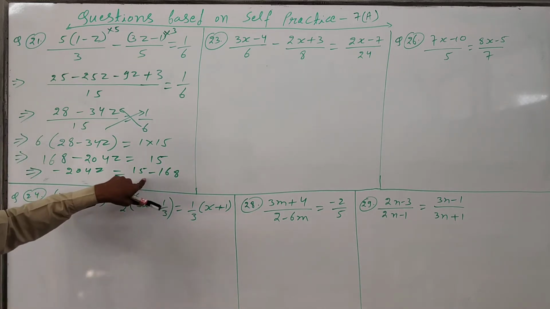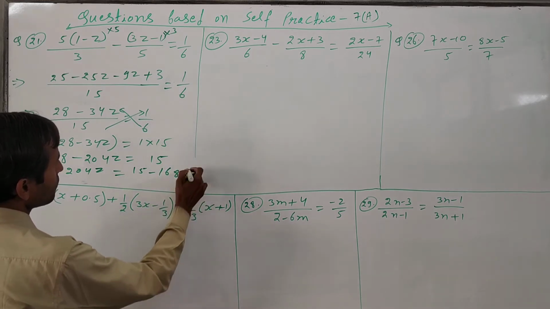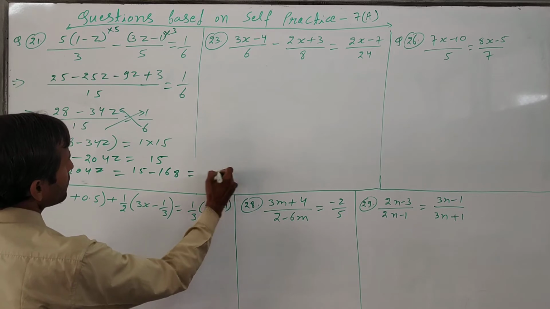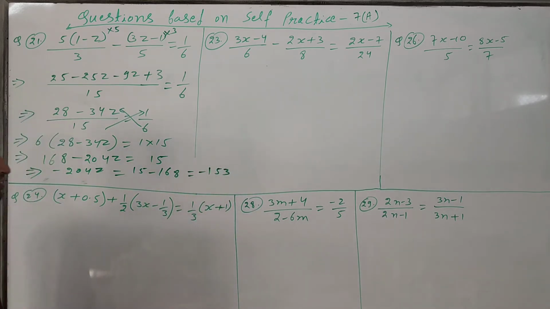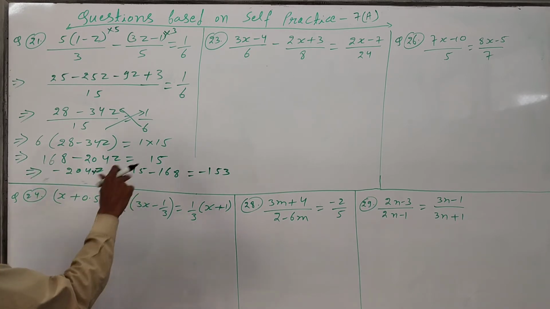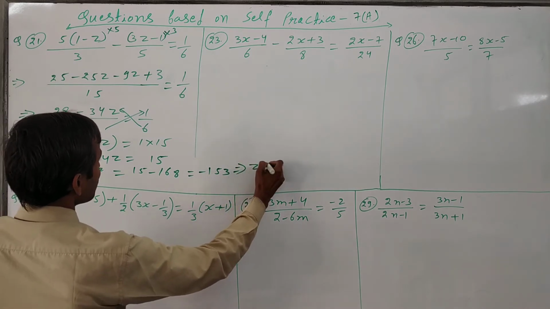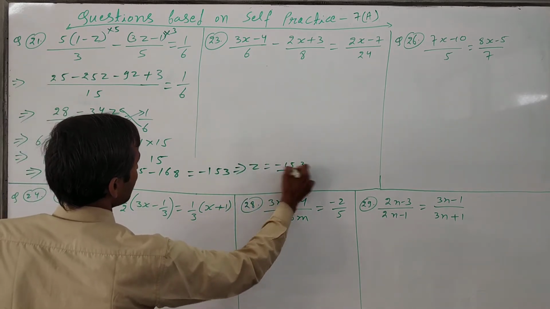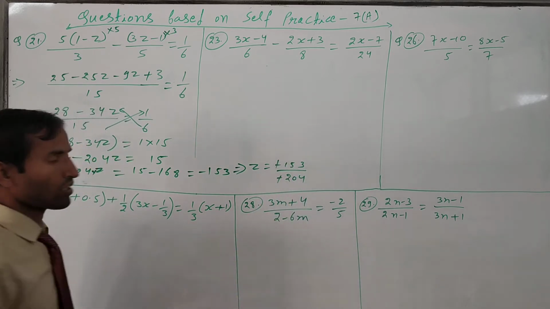How much will come here? 168 minus 15 is 153, and because the negative sign is larger, it will be minus 153. Now the multiplication sign here will go to the other side as division. So z is equal to minus 153 upon minus 204. Minus by minus gives plus.